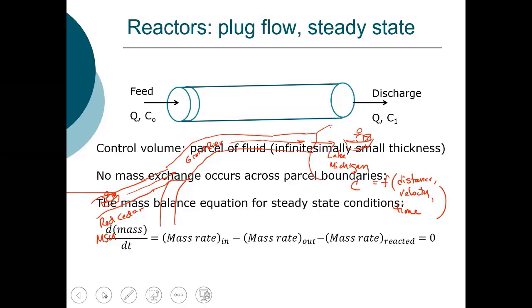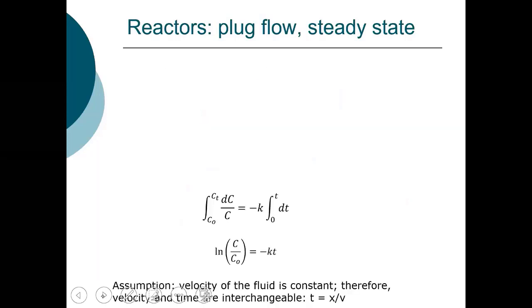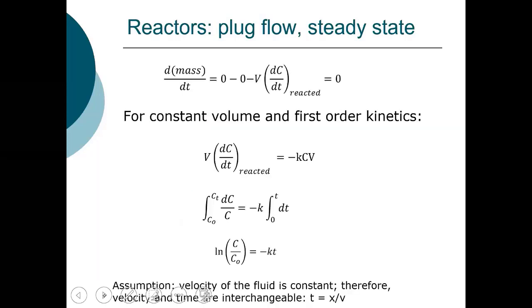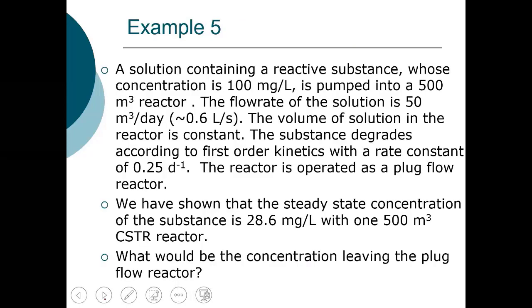I think I've probably explained this enough that you can see that this is the equation we'll use for a plug flow system. So now let's think again. We have essentially the same system.